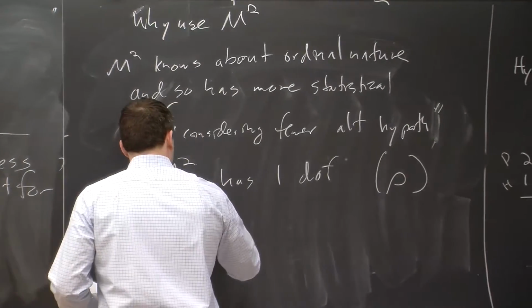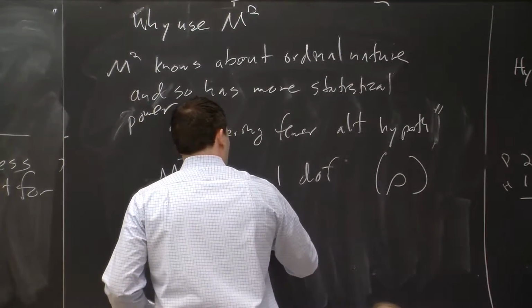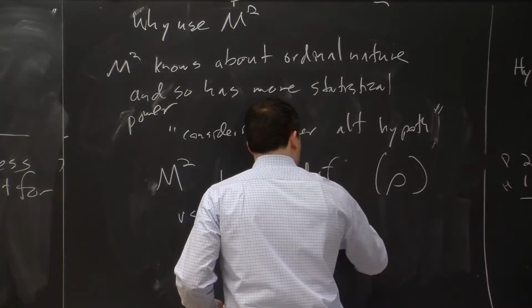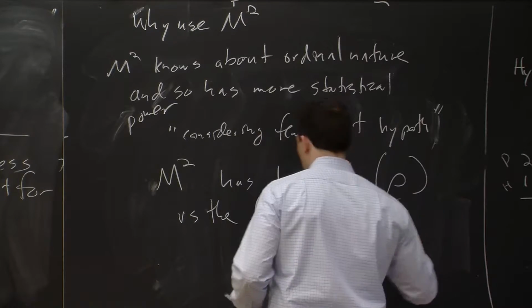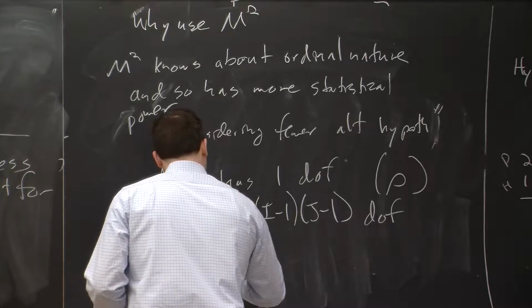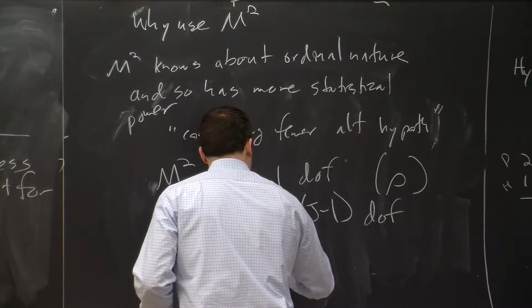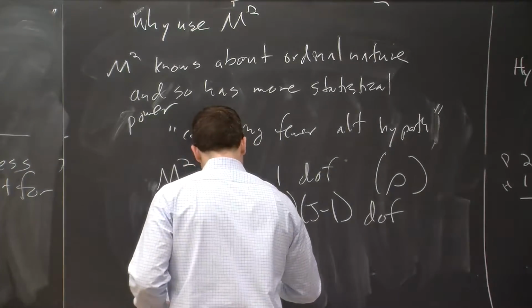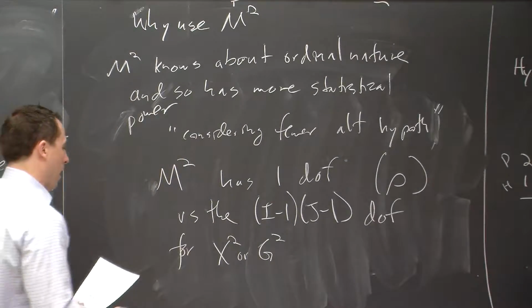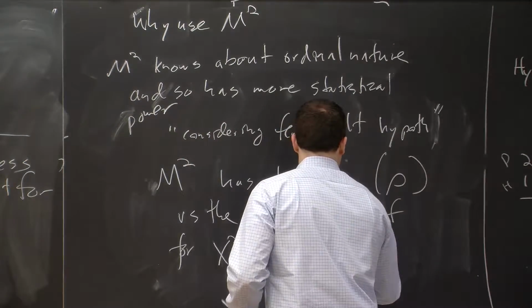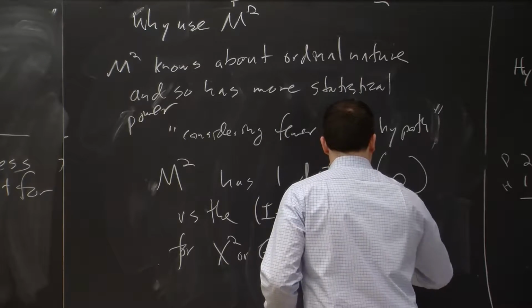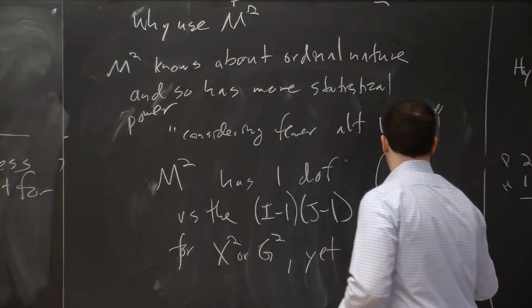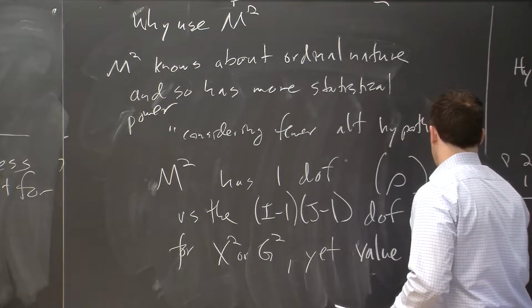And that's compared to the (I minus 1)(J minus 1) degrees of freedom for the Pearson test or the deviance test. And yet the numerical value is approximately the same.